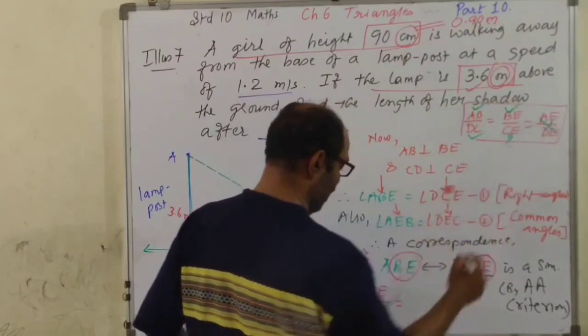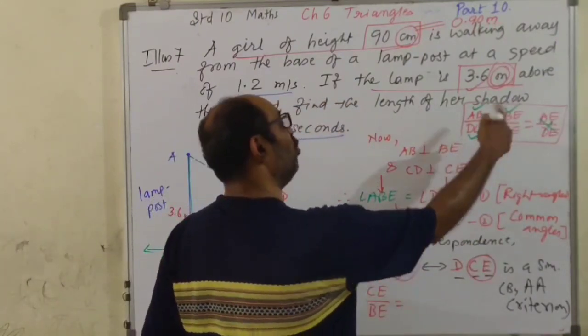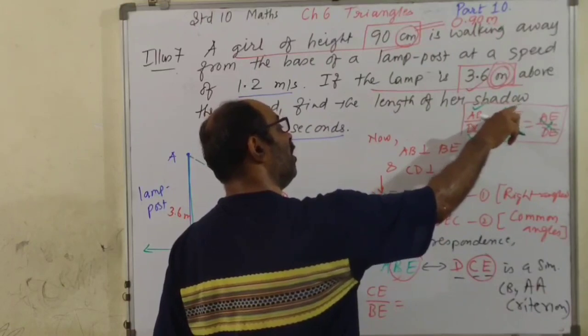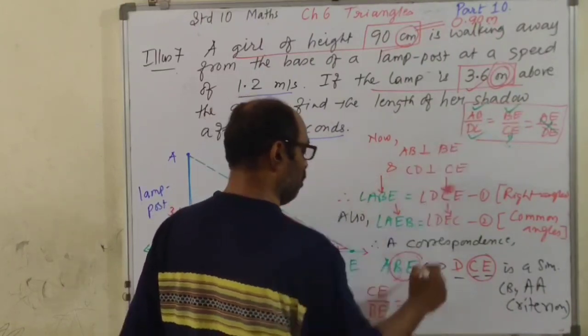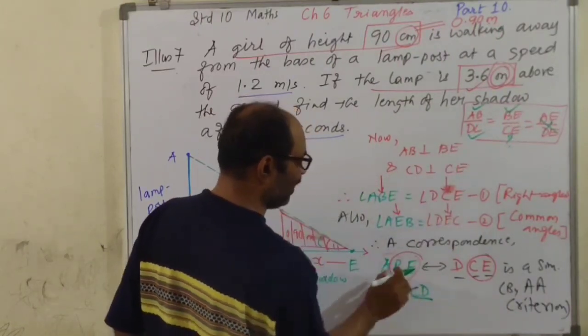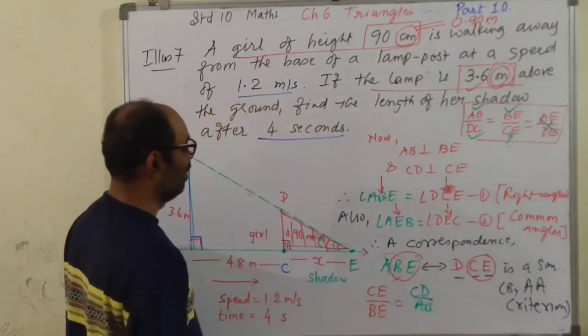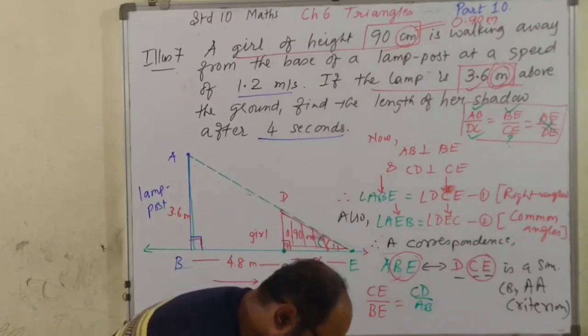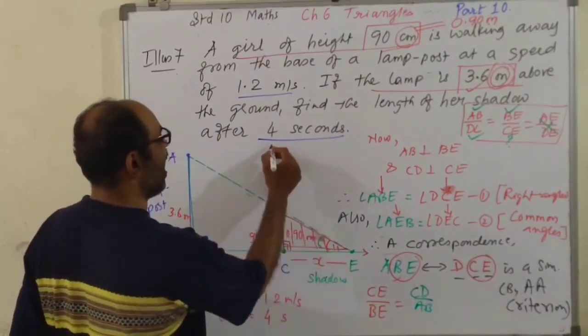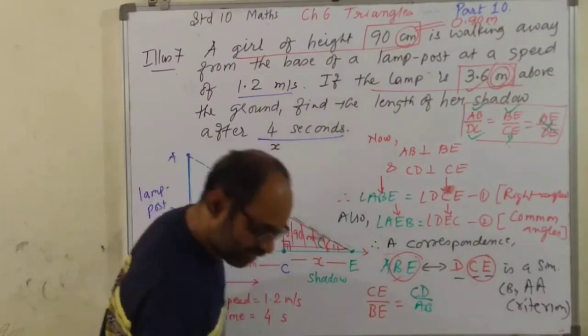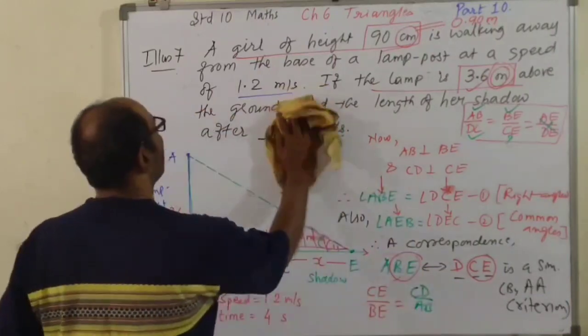So this is not required. Therefore that is what I am writing. उल्टा लिख रहा हूं अभी. CE upon BE is equal to, बोलो ऊपर से, CD, यहां से देखो, CD upon AB. Put the values. What is CE? X. I can erase this now. This is not required.